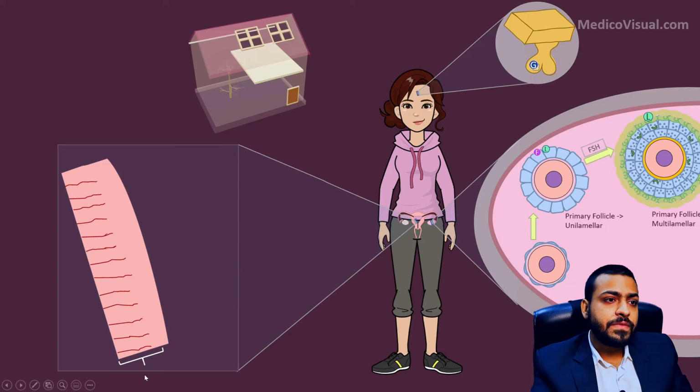Before this home starts forming, it has only a single layer, and that single layer of endometrium is always present. This single layer is called the basal layer of endometrium. And on the order of estrogen from the ovary, this home starts growing.